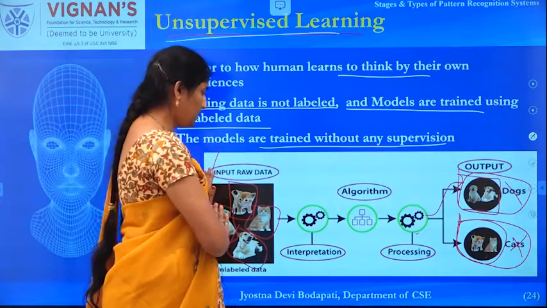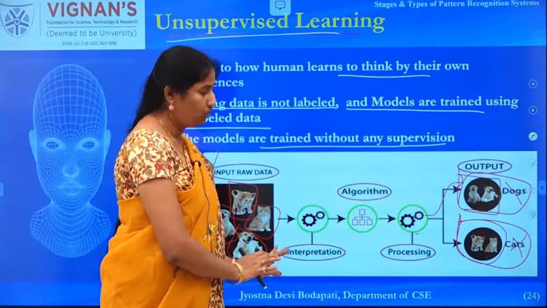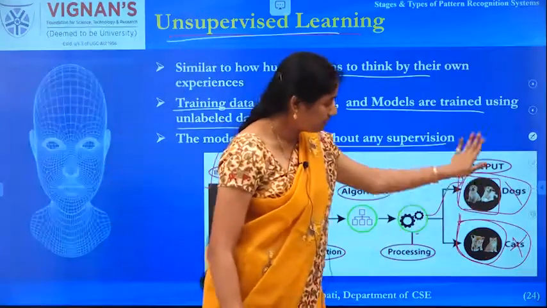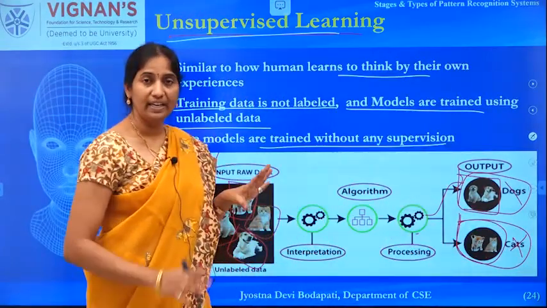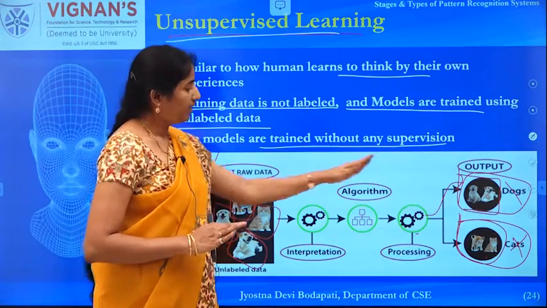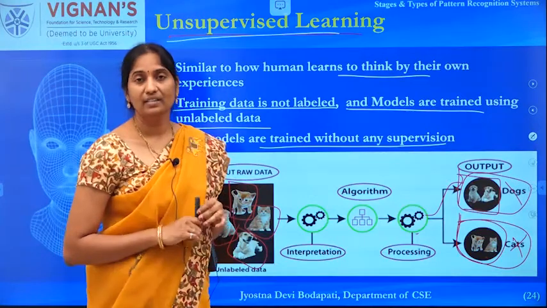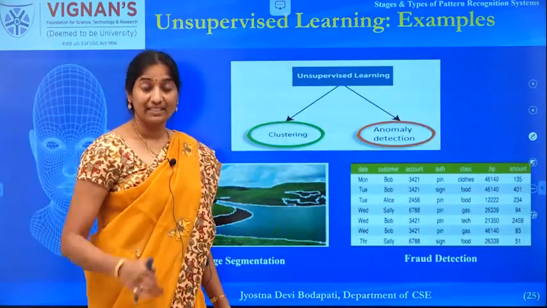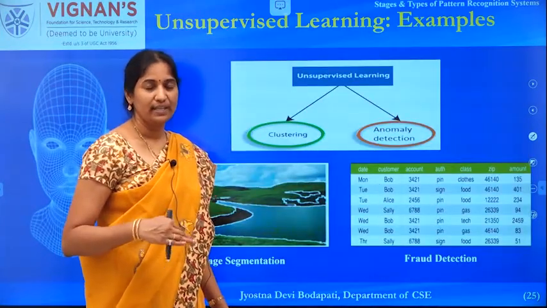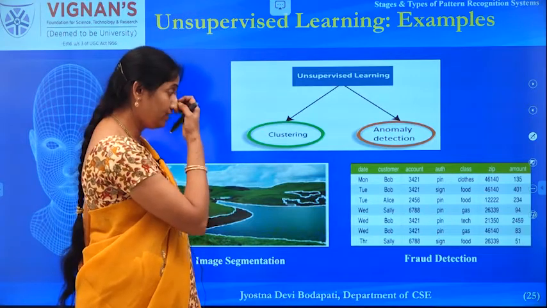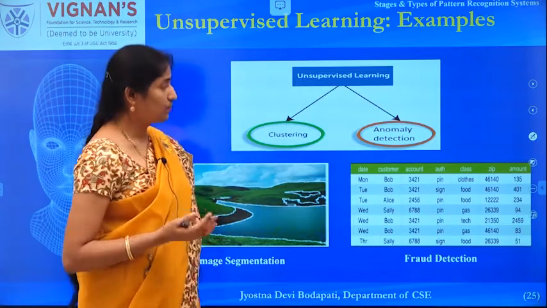So, you are providing unlabeled data to the model, and what the model does is group it, analyzing the patterns in the data. In this example, it is categorizing the data into groups. Let us see what tasks come under unsupervised learning. There are different tasks that come under it.